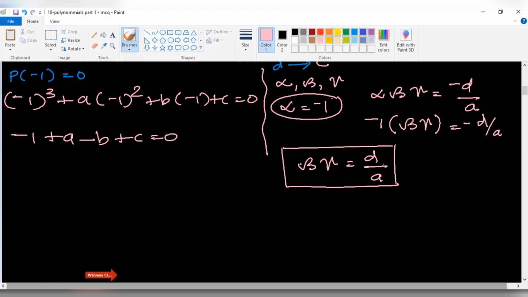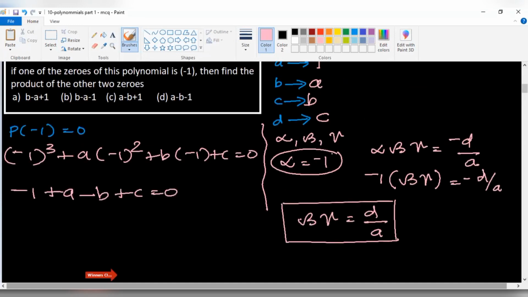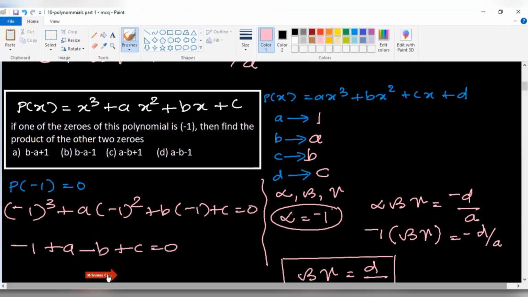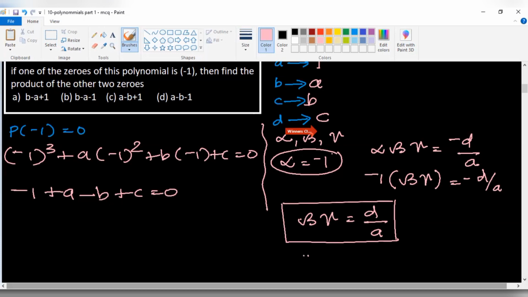And see, in place of D, actually beta gamma, we got it as D by A. And in place of D here, we have C in this question, and in place of A, we have 1. So actually, beta gamma is, in place of D, we have C, and A is 1.